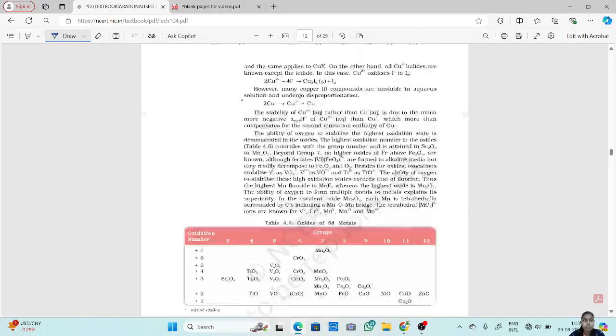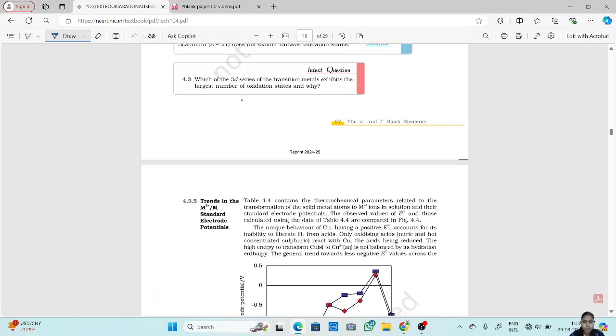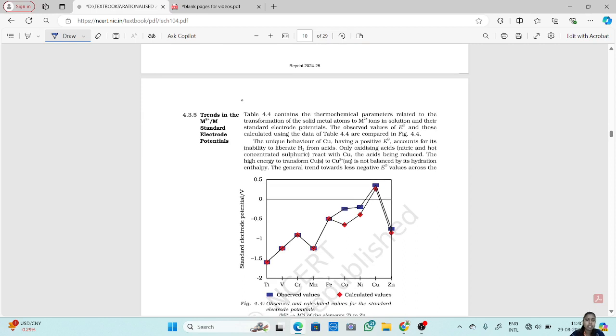Why can it not be oxidized? We have seen it in their electrode potential. It is explained that copper has a unique behavior, which accounts for the inability to liberate H2 from the acids.